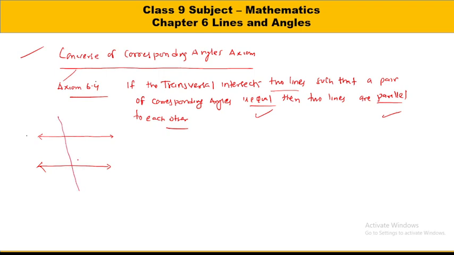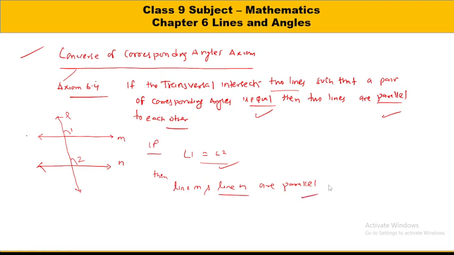A transversal line L intersects these two lines M and N, and in the corresponding pair of angles, angle 1 and angle 2, if these two angles are equal to each other, then I can say that line M and line N are parallel to each other. This is what axiom 6.4 gives. Now let's move on to the next one.